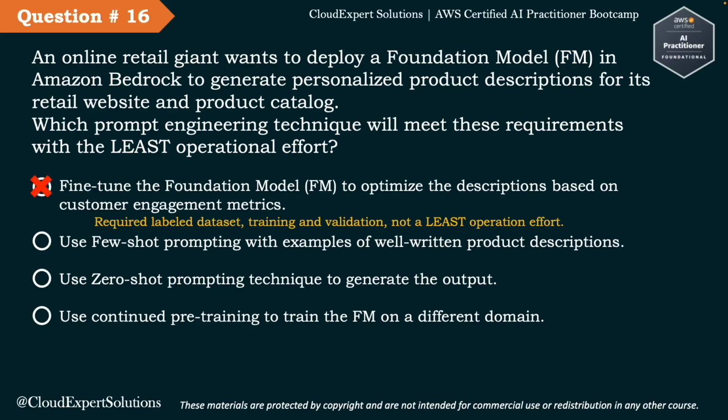Option number 2, use few-shot prompting with examples of well-written product descriptions. Few-shot prompting provides the model with several examples of high-quality product descriptions, which will guide the model to generate output that matches the desired tone and style. So let's park it and review the remaining two options.